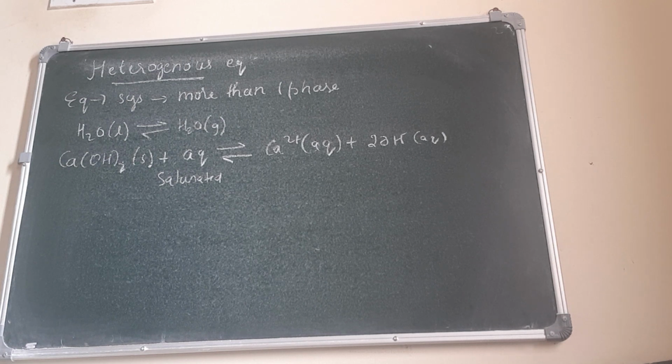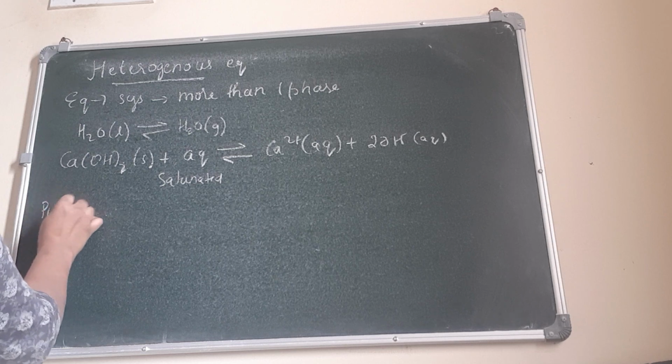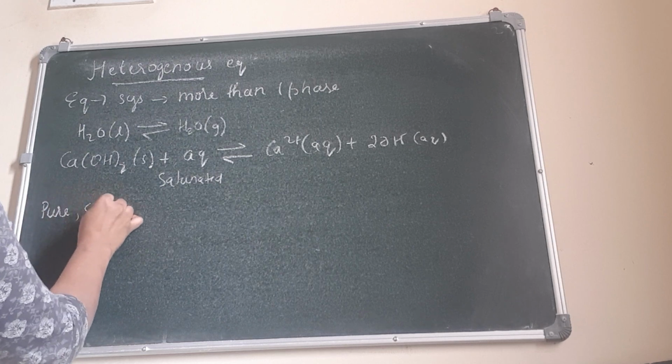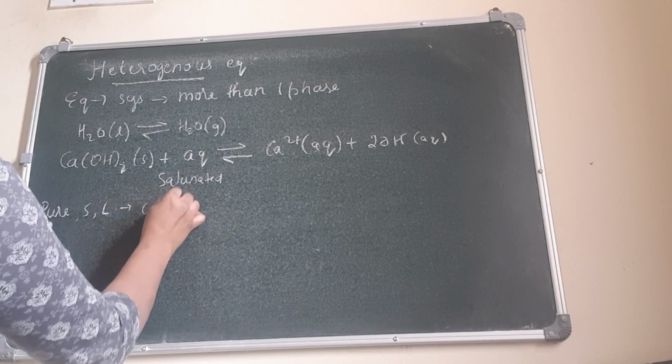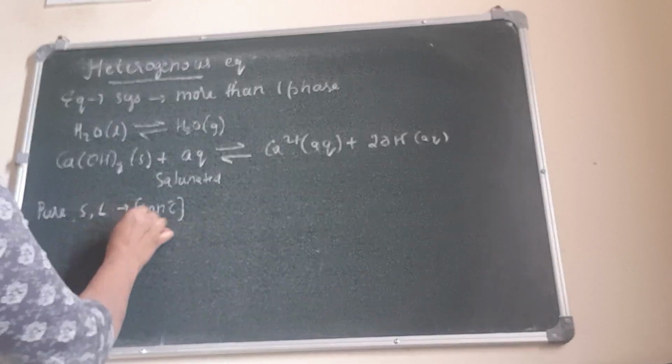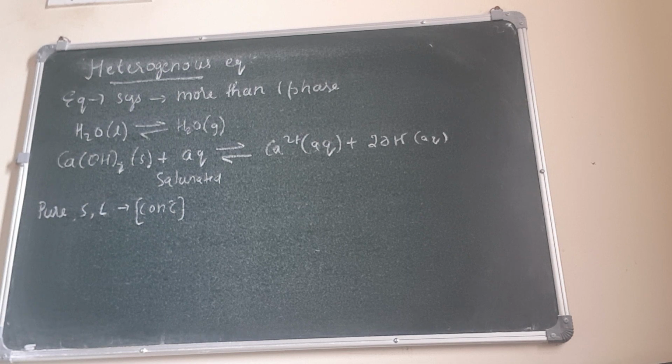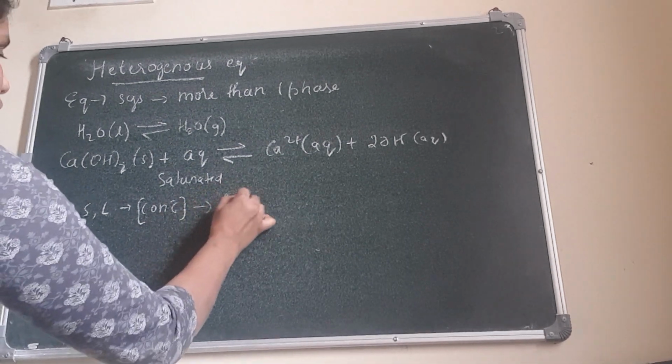Now, whenever we talk about heterogeneous equilibrium, we have to understand a few things. Whenever we talk about heterogeneous equilibrium and you have pure solids or liquids, its concentration, the amount present in a solution, is kind of fixed.